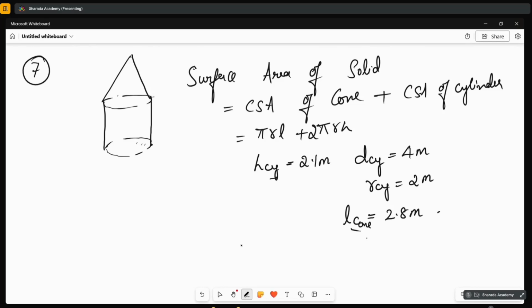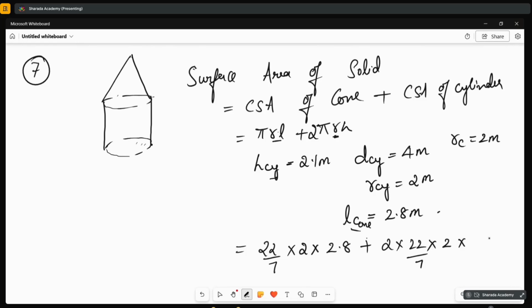So what will you get here? Pi is 22 by 7. Radius of the cone, how much is given? It will be same as the cylinder. Radius of the cone is also 2 meters. So it is 2 into l, 2.8, plus 2 into 22 by 7 into radius. Radius is equal to 2 into height. Height, how much is given? 2.1.